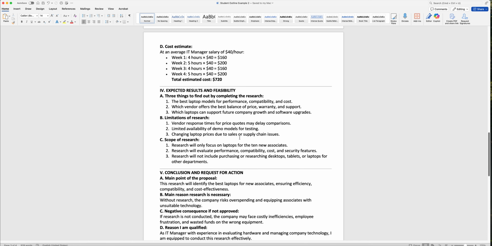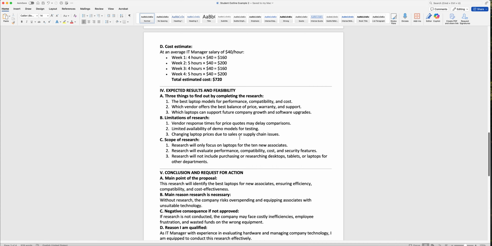Another part that I wanted to touch on in this example is the limitations. So the expected results and feasibility. For the limitations of research, I want you to think about in real life what would affect your ability to conduct research. Don't think about the limitations of an actual computing device, because that's not the same thing.